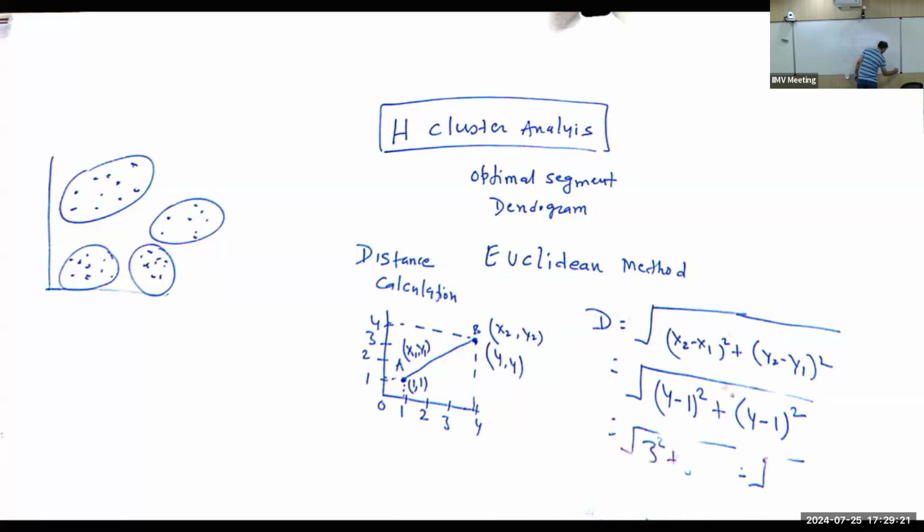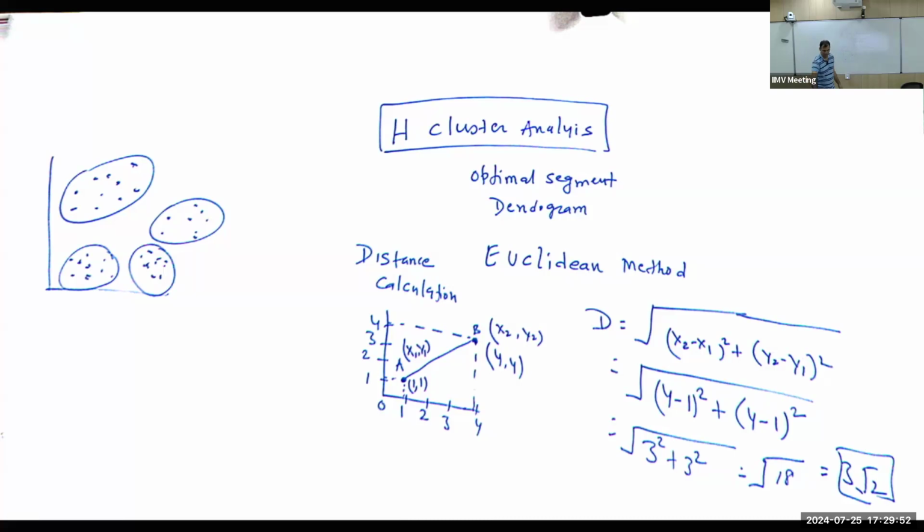This is the distance between A and B. So following this method, first we will calculate the distance among all the respondents, 475 respondents, and on the basis of those distances, following different methods, we will divide those 475 people into either one segment, two segments, three segments, four segments, and in a better way we are getting the optimality. So this is the nutshell.